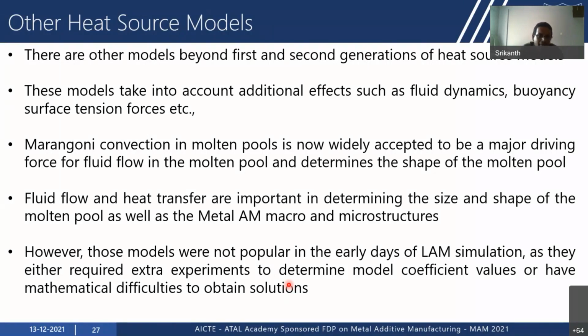Now, Marangoni convection in the melt pool has been widely accepted to be the major driving force of fluid flow in the molten pool, and this Marangoni convection plays a very important role in determining the shape of the molten pool. I'm going to show an illustration as to how the temperature coefficient of surface tension influences the shape of the molten pool.